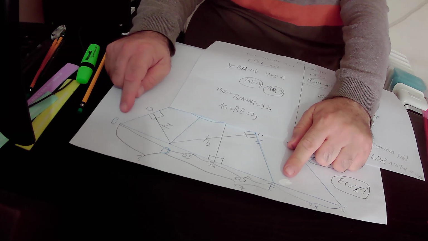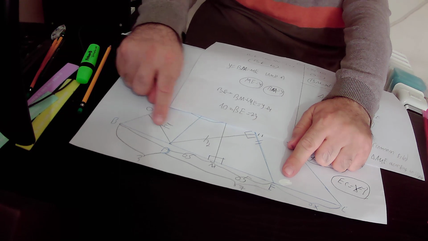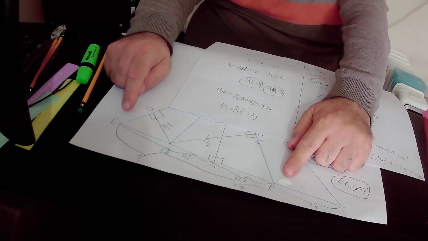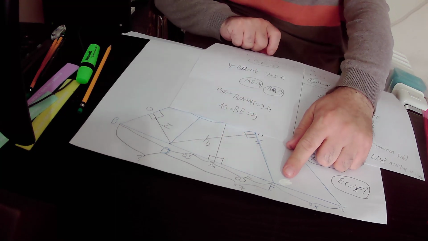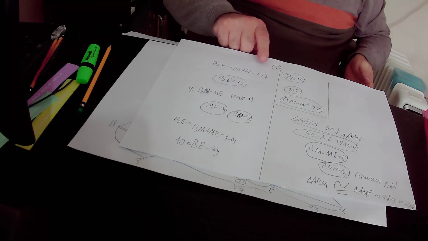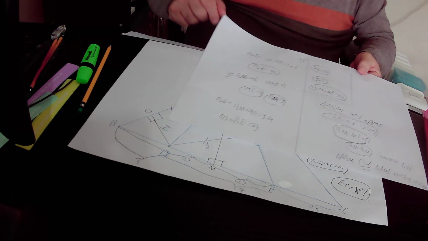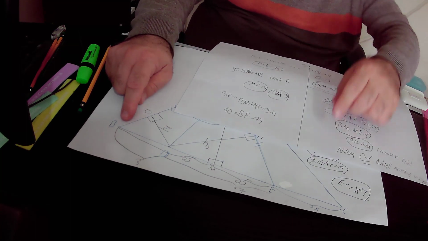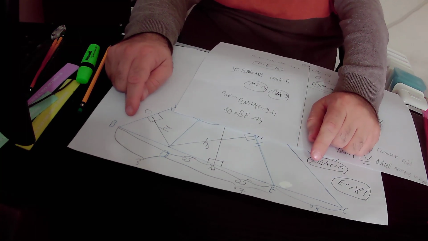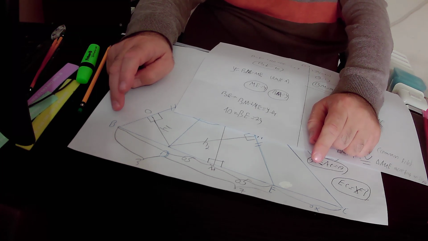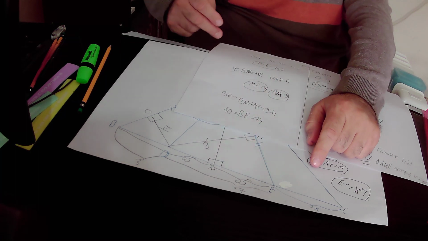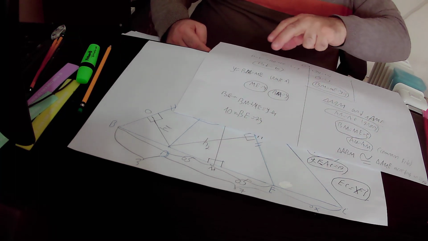But before that, here BE is also equal to BD plus DE, and BD equals 3 units and DE equals 7 units. So in conclusion, BE equals 3 plus 7, that is 10 units. So from one side we found out that BE equals 10 units. But from the other side, according to rule number 1, BM equals ME.